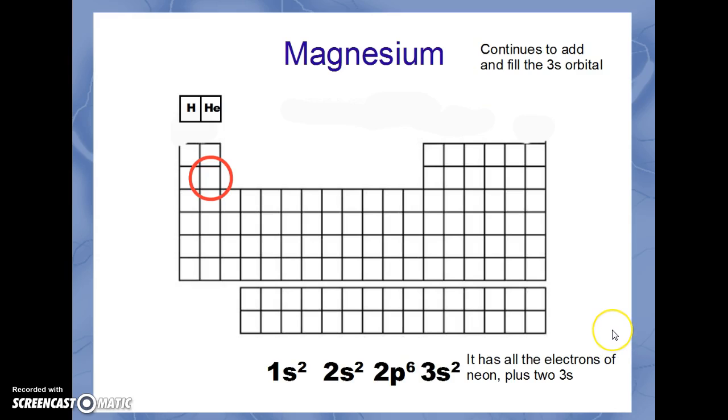Again, all the electrons of neon plus 2 3s electrons. We will see that when we have, for instance, something like magnesium, we can just write the Ne in brackets. That tells us the same thing as 1s2, 2s2, 2p6. It's called a noble gas shorthand or a noble gas shortcut. You'll learn more about that later.